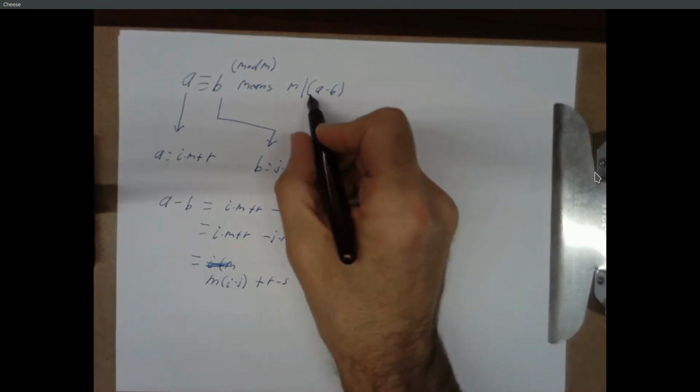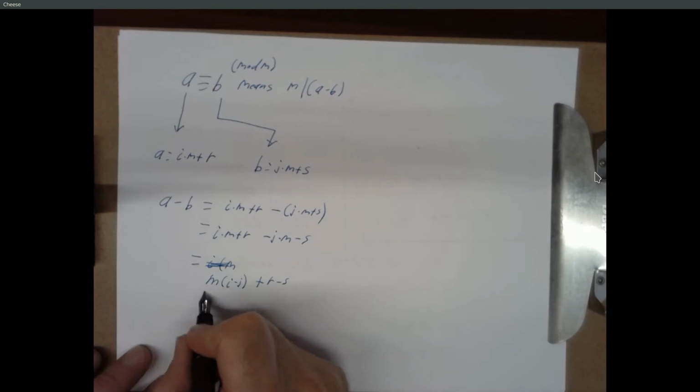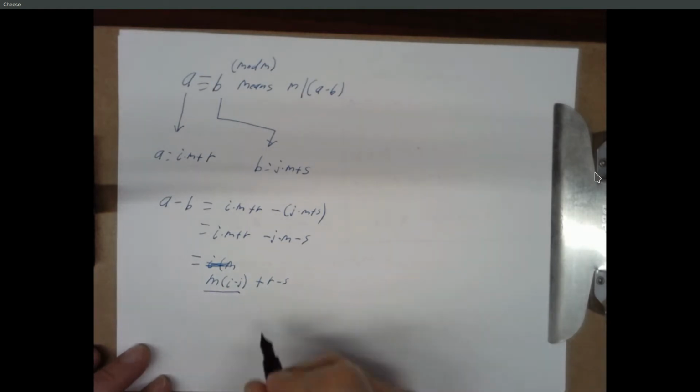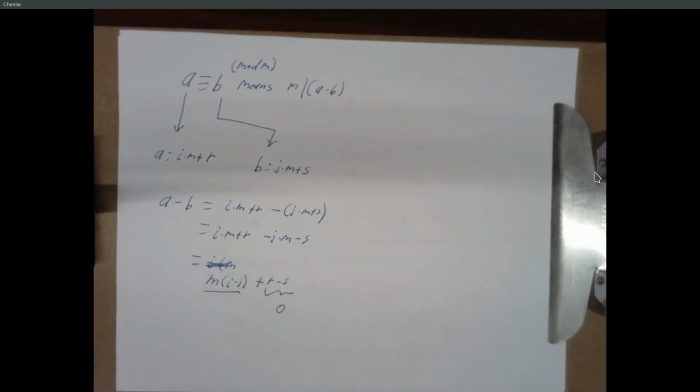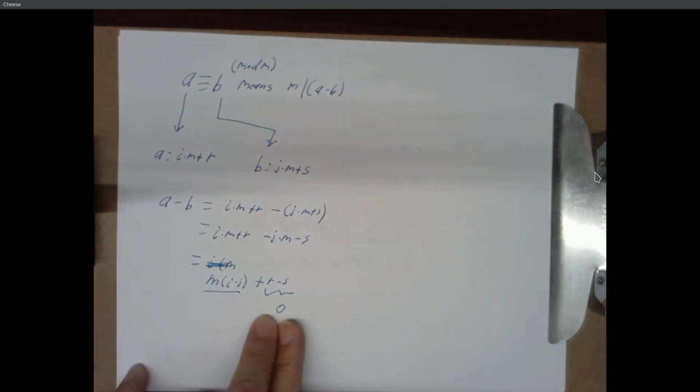But I've told you that a minus b is a multiple of m, and this is a multiple of m. And if you think about it a little bit, you'll convince yourself r minus s has got to be equal to 0. That takes some work to know that it's not a multiple of m itself, but because these things are between 0 and m minus 1, you can convince yourself r minus s is equal to 0.